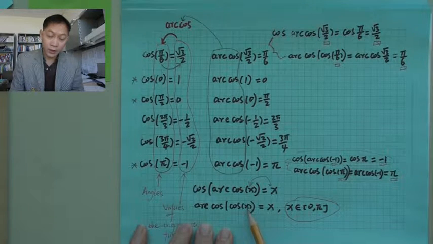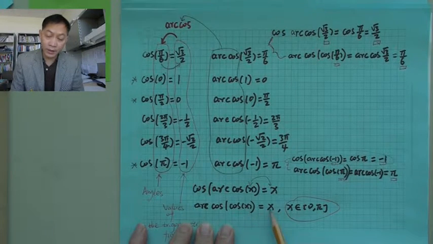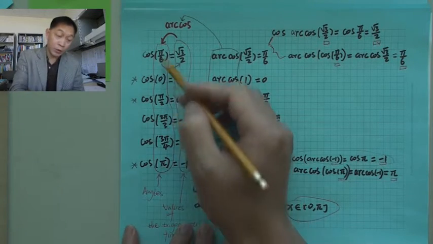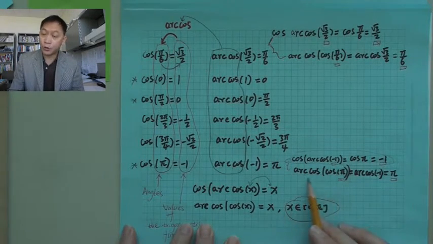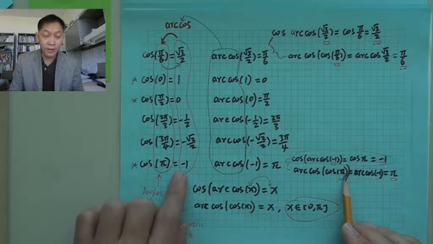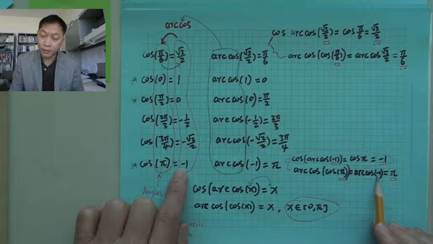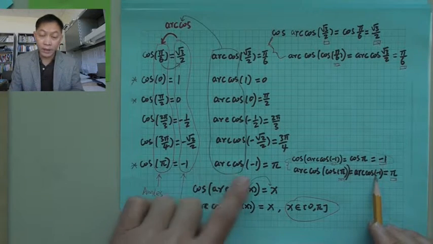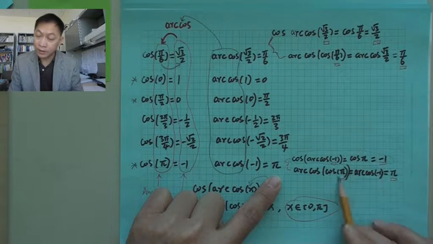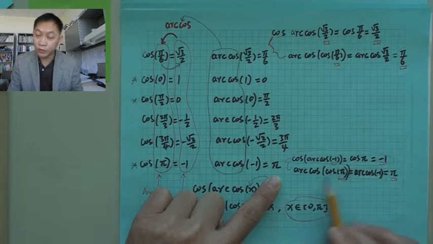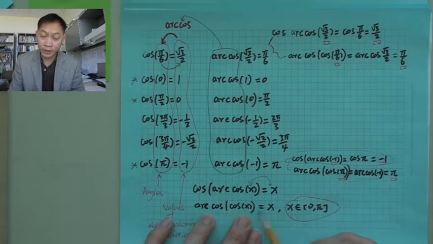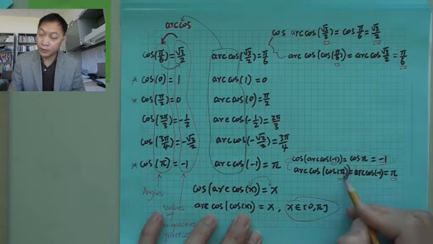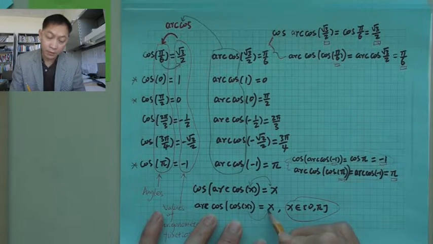So those x are the same, but in this case, x is from 0 to pi, because we restricted our angle from 0 to pi. Here are the actual examples. Cosine pi is -1, and then arc cosine of -1 is pi. So those two values are the same, and this actually works for every value. So that's why you can have arc cosine of cosine x is x.